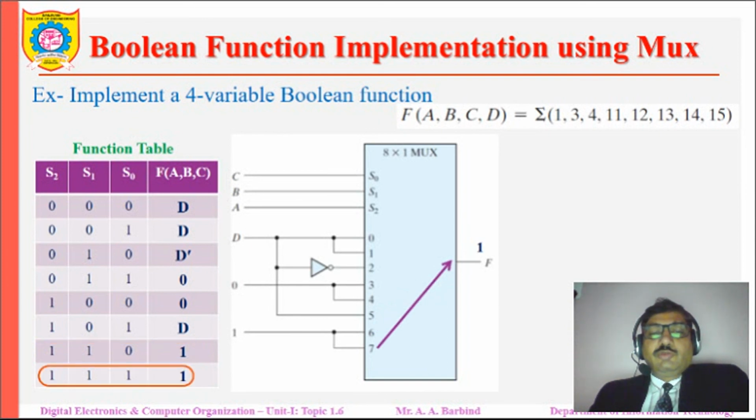And for the last input 1, 1, 1, the seventh input will be selected and the output will be 1. So we get the output of this multiplexer as per the required truth table. So this is how we can implement a Boolean function using a multiplexer.